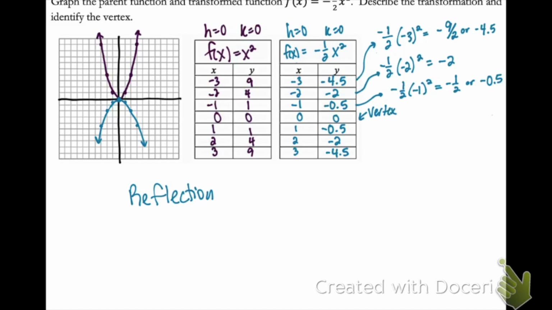And it's a little hard to see, but my blue graph is actually wider than my purple graph. So think about taking the purple graph, taking the top and the bottom and squishing it closer. It's going to be a wider graph in the end. Notice that I didn't write compress by -1/2. That negative means reflection and the 1/2 means a compress. So make sure that you separate those two in your mind.